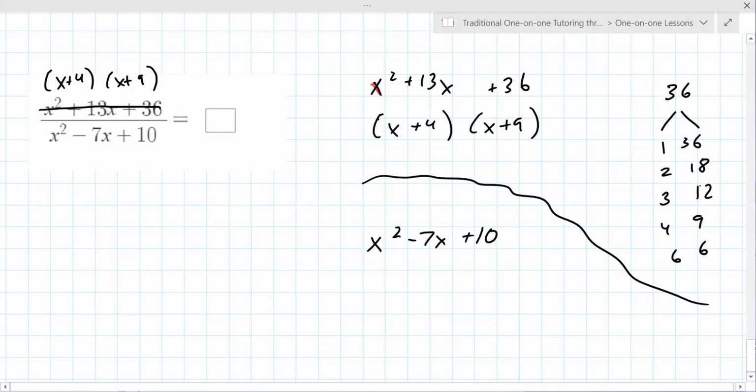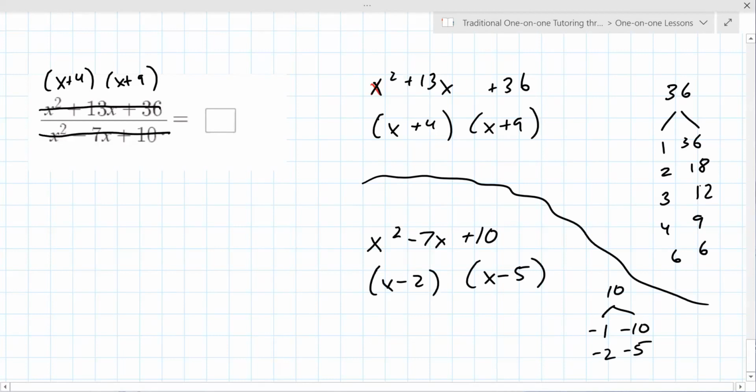Okay, so now we're looking at 10, and we want to get to -7. So whenever there's a negative that we need, it's both negatives. -1, -10, -2, and -5. Do either of these add up to -7? -2 and -5. Yes. So this becomes x minus 2, x minus 5.